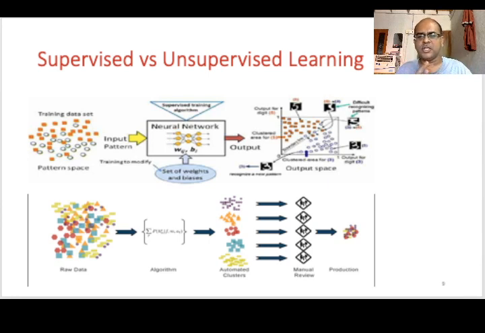And in unsupervised learning and training, I give you the inputs. I will ask the system to do some kind of computation, and I get some output, and then I do not give the desired output to the system. So this is the basic difference between supervised and unsupervised learning that you need to understand.